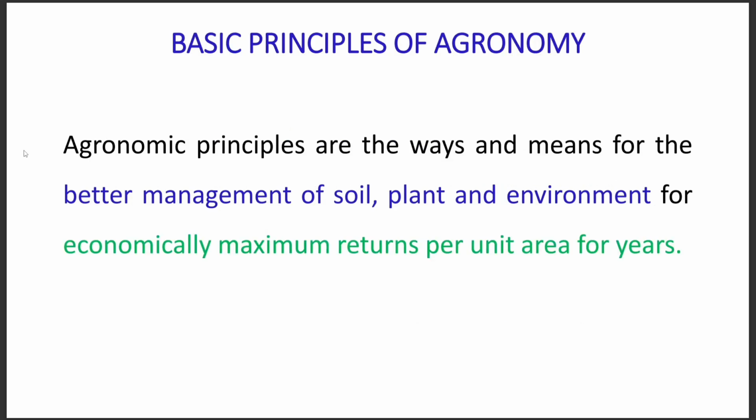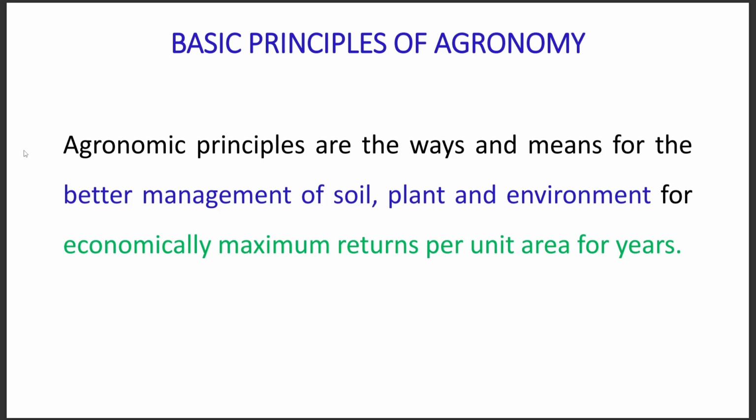And we have the basic principles of agronomy. In this part, the agronomic principles are very important and we have to know them, because that will help us to get better management of soil, plant and environment. After that, we can get an economically maximum benefit or return per unit area.